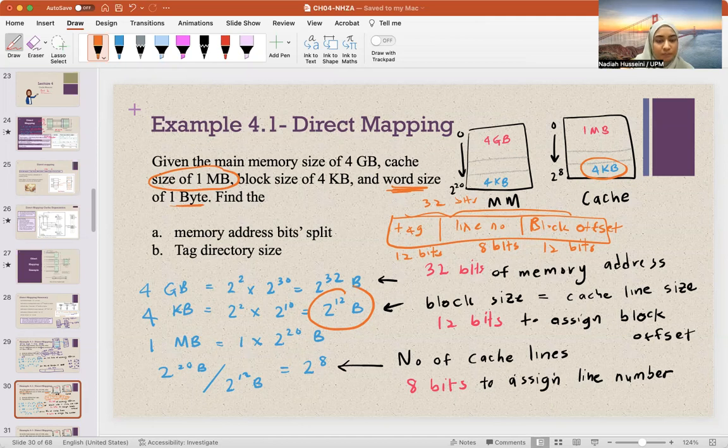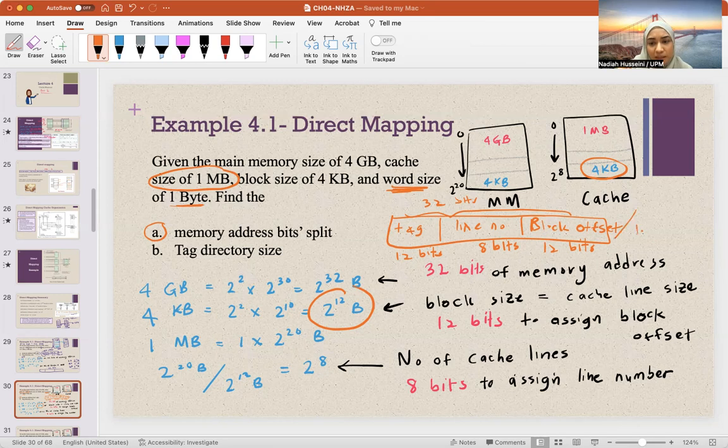Okay, so we have solved A, the memory address bit split. We know that the total is 32. We found out that the line number needs to be addressed by 8 bits because it has 2 to the 8 lines. And then we know that the block offset is basically the same size as our block size.